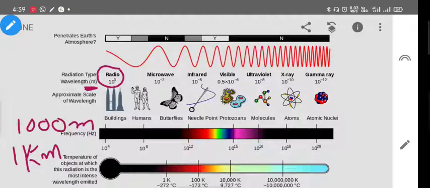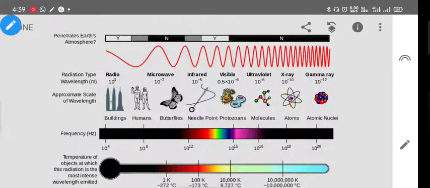That means the distance between these two crests will be equal to or more than 1 kilometer. As we move in this direction, the wavelength decreases, and it ends at 10 raised to minus 12. That is gamma rays. The majority of these rays are invisible to us.